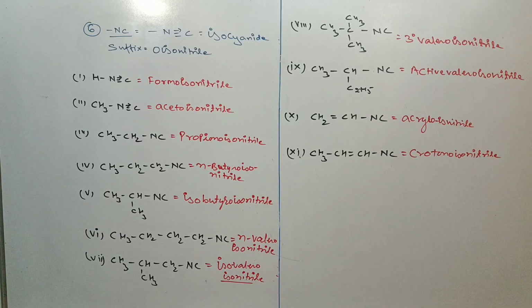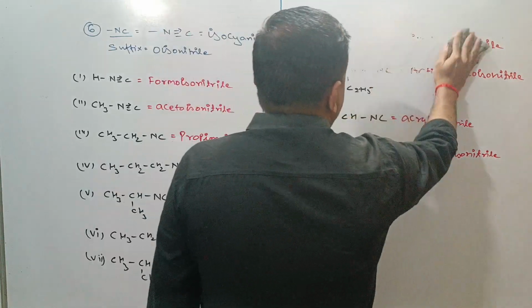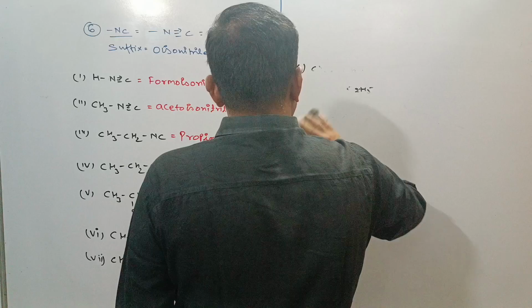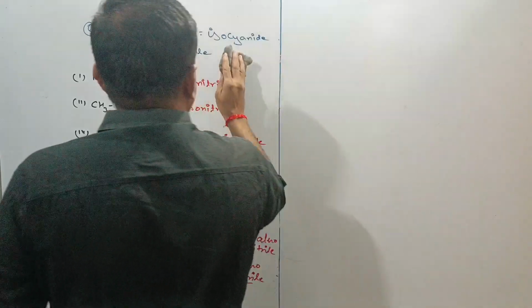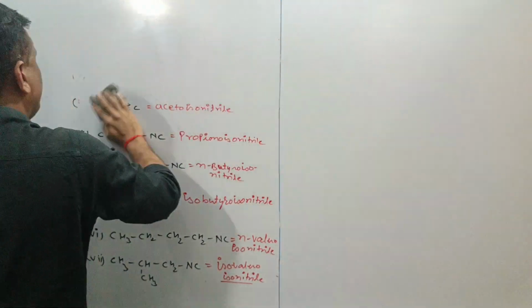Now the time to discuss the seventh functional group, which is very important and different from these also, and it will use common names. So the seventh functional group, what is that?